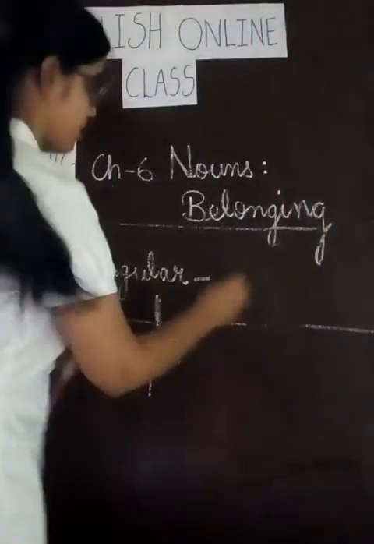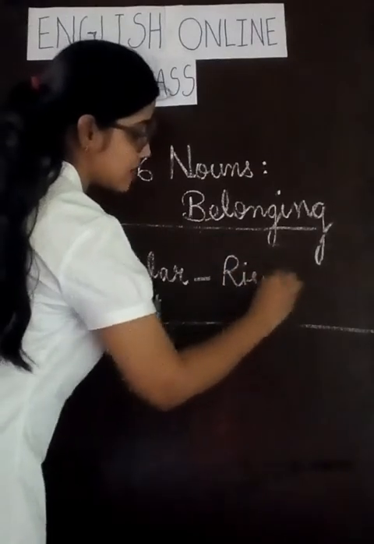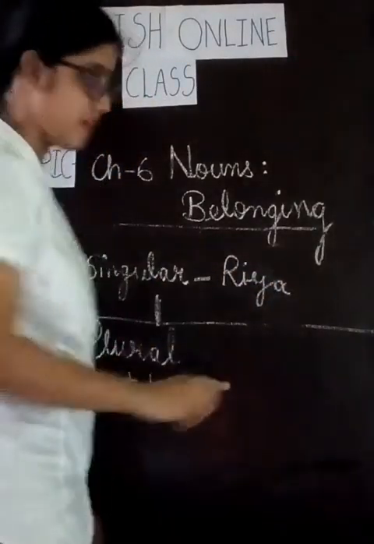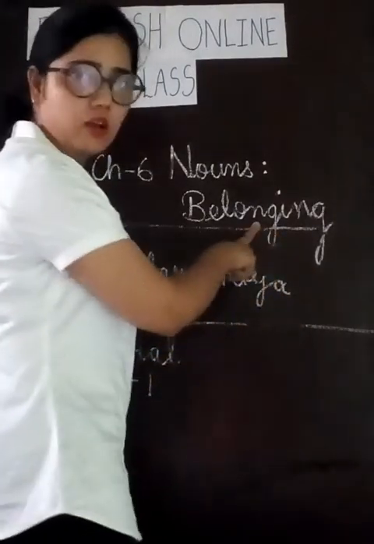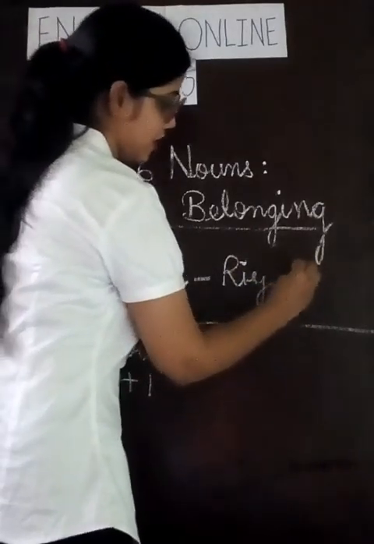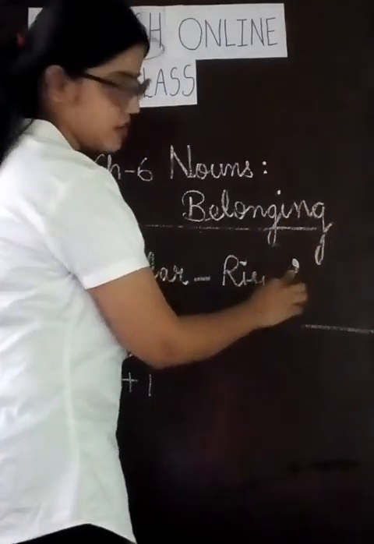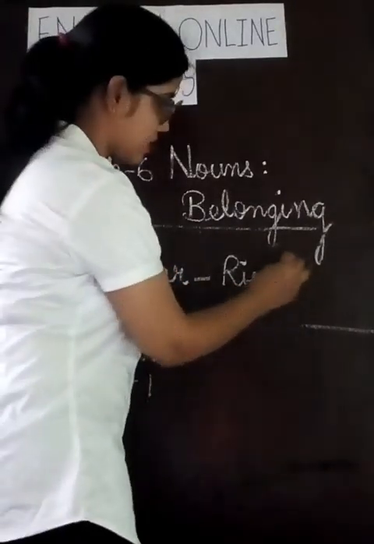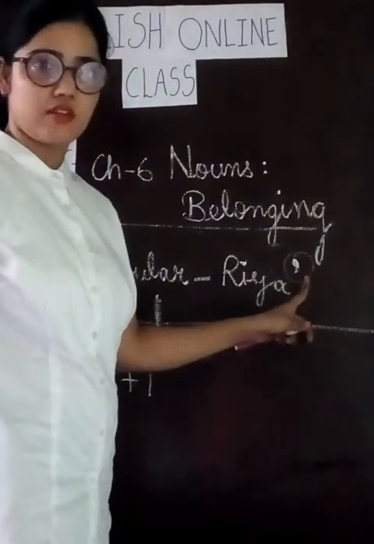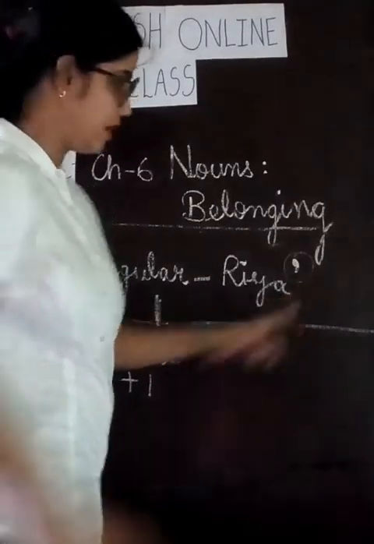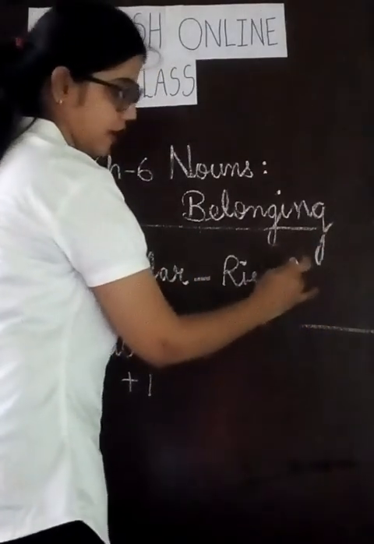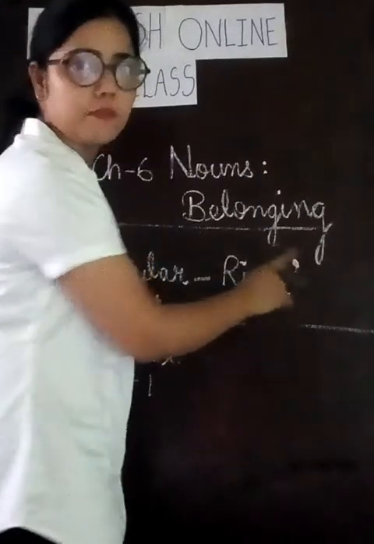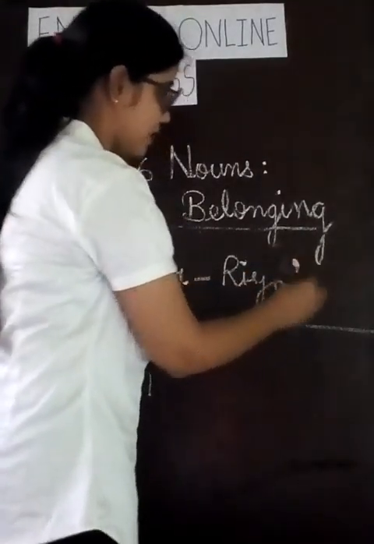In another way we can also say this, and now Ria is a single person. Ria is one person, right? So for one person, in noun belongingness, we use apostrophe s. This is called the apostrophe sign. You can see this is not a comma, it's actually an apostrophe, when we put it at the top at the end of a word.